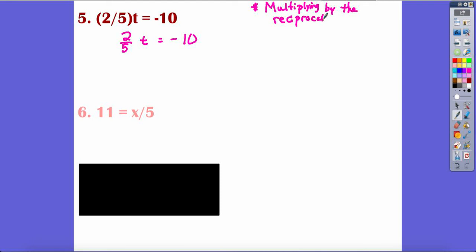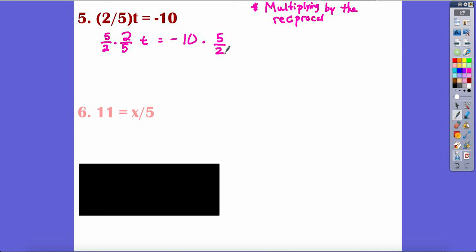Okay, so in this case, I want this whole number, the number 2/5, to become a 1. To do that, I can multiply by the reciprocal, which in essence means that I'm flipping this fraction upside down and multiplying. And whatever I've done on one side, I better do on the other to keep everything in balance.